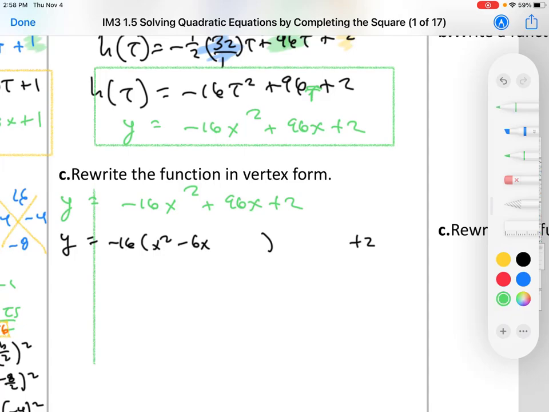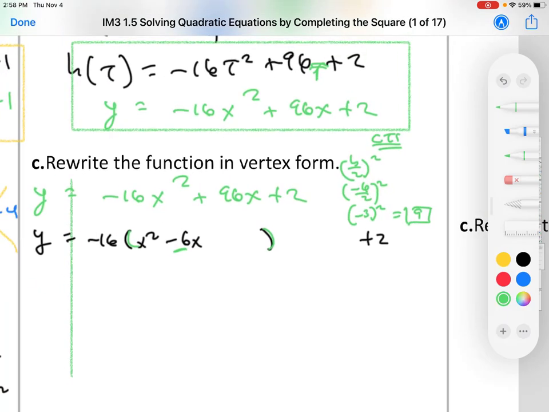Okay, let's complete the square. So b over 2 squared. My b value is, pay attention, inside the parentheses, negative 6. And this will give me a 9. Now, pay attention.